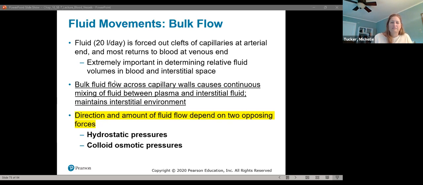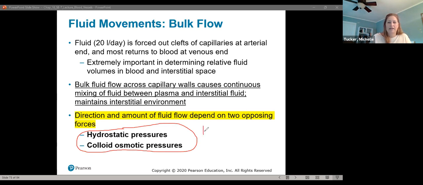Okay. Bulk fluid flow is a continuous mixing between plasma and interstitial fluid, and it is determined by 2 opposing forces: hydrostatic pressure and colloid osmotic pressure. And there are 2 of each of these.